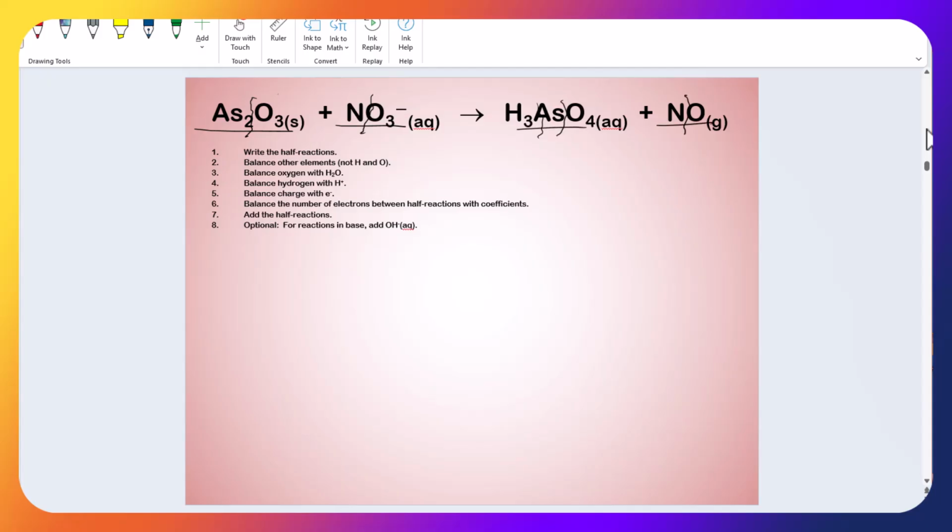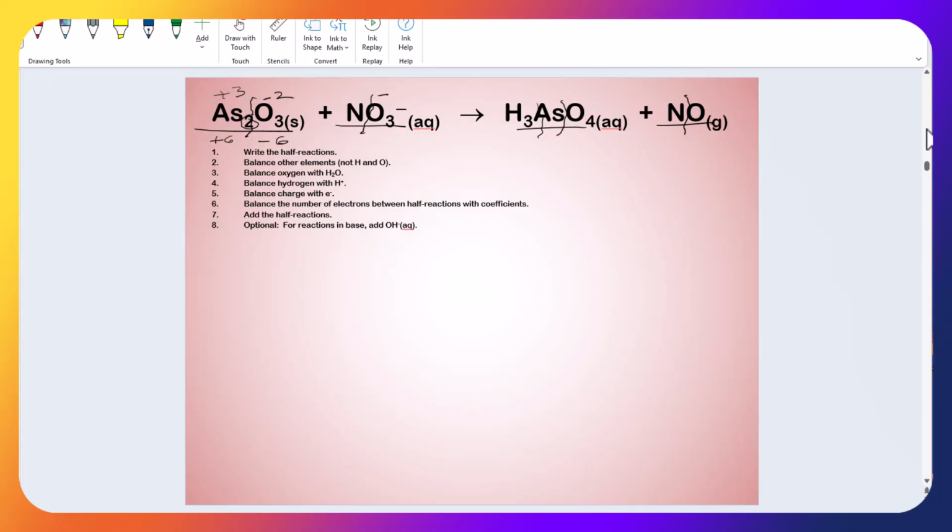So the way we figure out the oxidation states is the most electronegative atom is going to get its charge. In this case, that's oxygen. There's three of them. So that's 3 times a -2, which is -6. That gives us a +6 over here. But there's 2 arsenics. So we split that +6 up, and arsenic is +3.